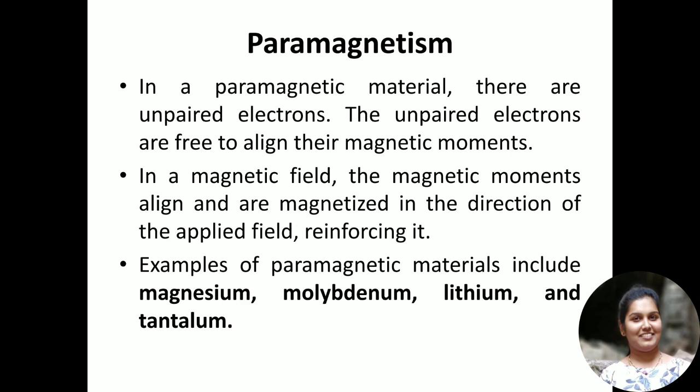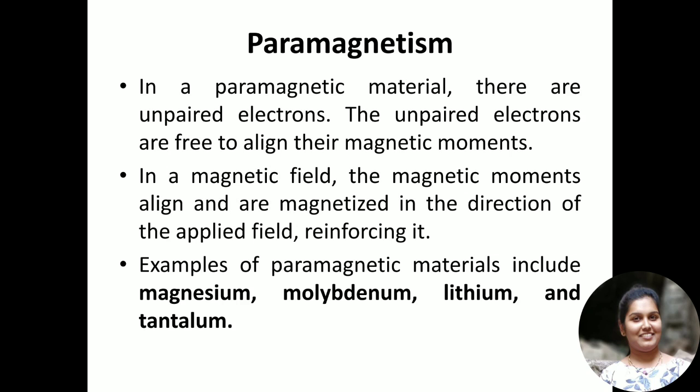The unpaired electrons are free to align their magnetic moments, so they can align by themselves. So in a magnetic field, the magnetic moments align and are magnetized in the direction of the applied field.